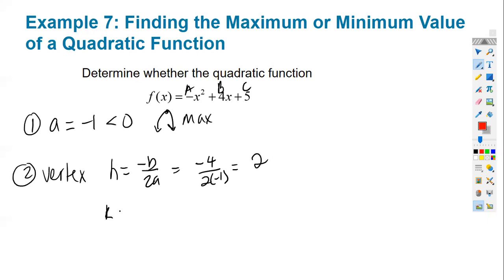Now I need to find my K. I either can use the formula 4AC minus B squared divided by 4A, or just plug it in because it's an easy number. F of 2 gives me what? So we have -2 squared plus 4 times 2 plus 5.